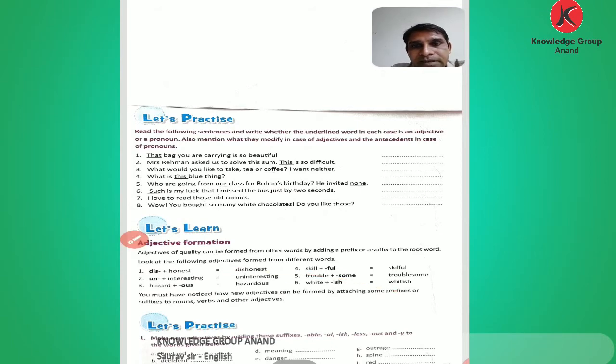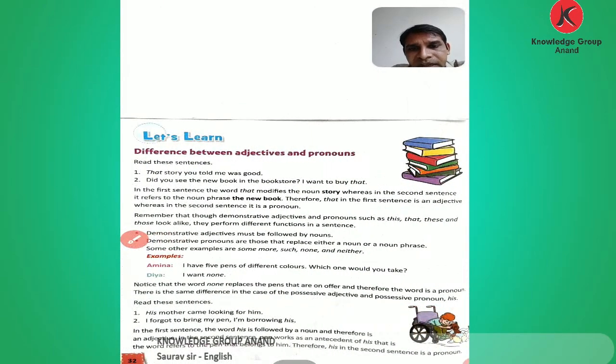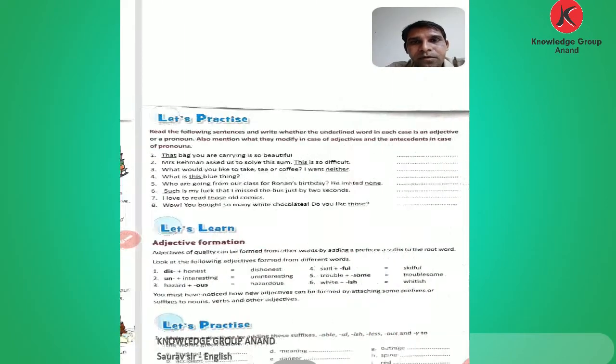Before that, see the second sentence: pen works as an antecedent of his, that is, the word refers to the pen that belongs to him. Therefore his in the second sentence is a pronoun. If we use a pronoun, then find the antecedent in the sentence.